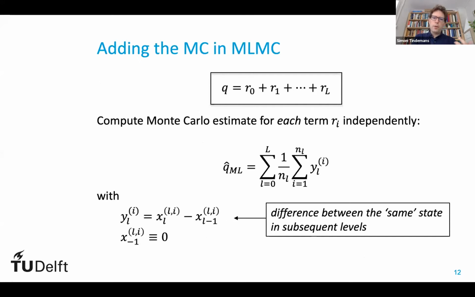So that was multi-level. Let's put the Monte Carlo in multi-level. Well, recall we had this quantity Q, which is the sum of R0 plus R1 and so on to RL. And we replace each one of these by the Monte Carlo estimate. So now our Monte Carlo estimate for this quantity becomes the sum over all these levels of the averages of these differences, where the lowest level is not actually a difference, it's actually the crude value.